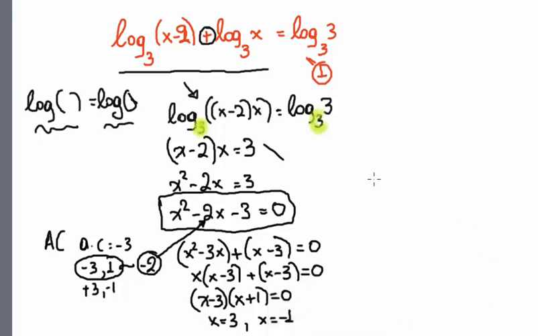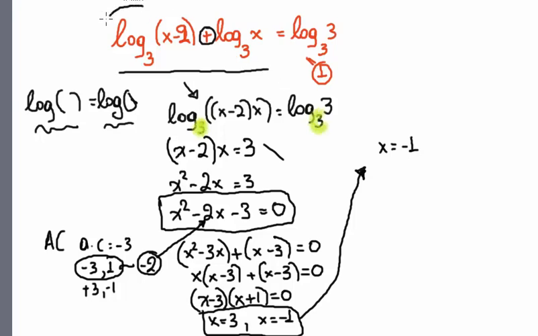What we need to be careful about when we solve logarithmic equations is that we need to check our solutions. Not both solutions are going to be correct. The reason is that if you consider x equals negative 1, then on the left side you should consider this logarithm, and it becomes log with base 3 of negative 1 minus 2.